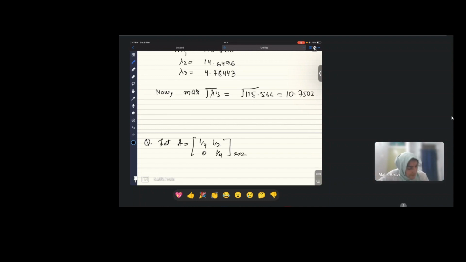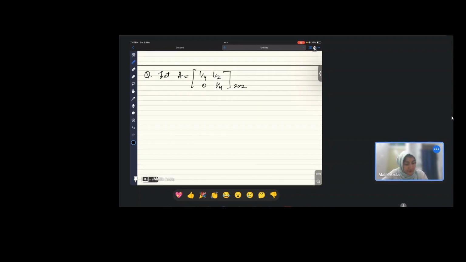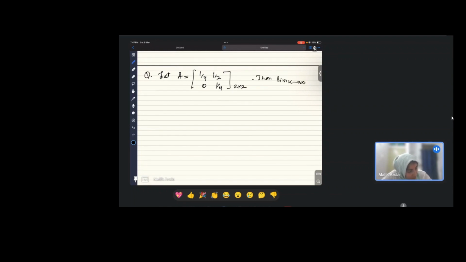A 2 cross 2 matrix A is given. Then the limit of k tending to infinity of A to the power k is what? Can you calculate its value? It's very simple.